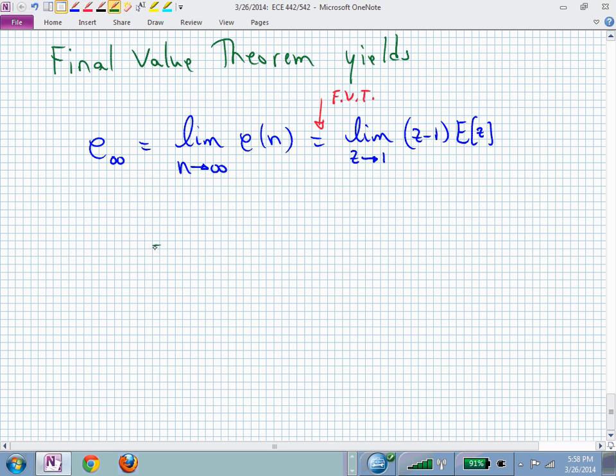Well, that says we're looking at the limit as z goes to 1 of z minus 1, but e of z, remember, was 1 minus t sub c of z times r of z, but r of z was a unit step, and that's z over z minus 1.